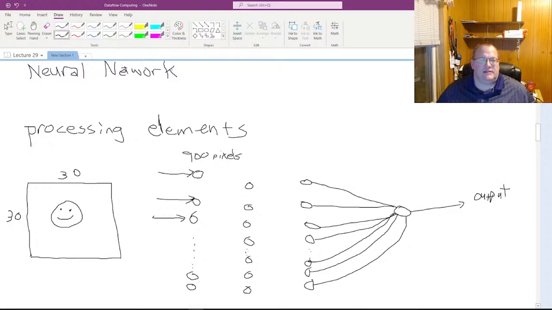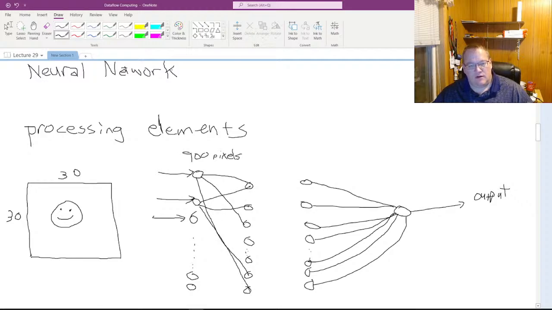Okay, so let's assume that what this is doing is it's trying to decide if this is a picture of a face. So each of these data points contributes to several different ones here, and each of those has a weight. So like say 0.8, and this one would be say 0.3. It doesn't matter at all, so this might be 0.4. So they don't necessarily have to add up to 1 or any of that kind of stuff.